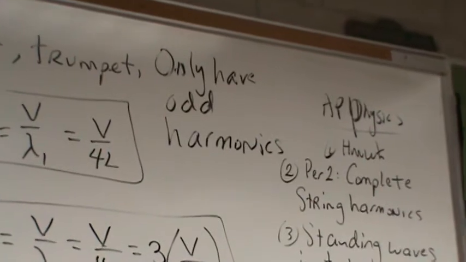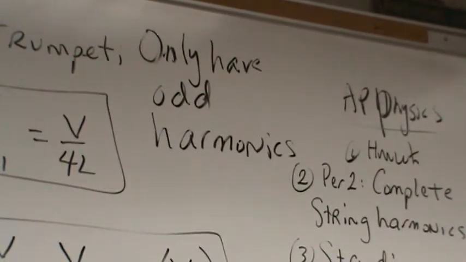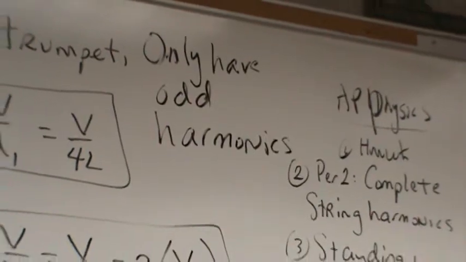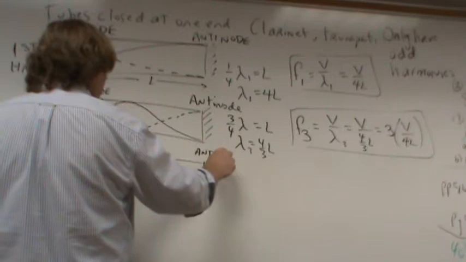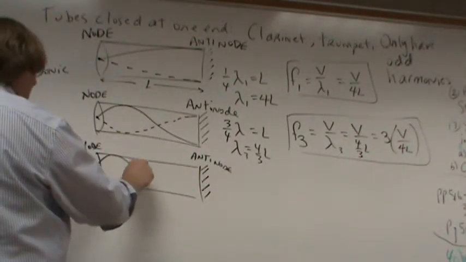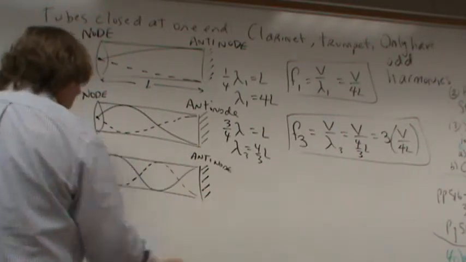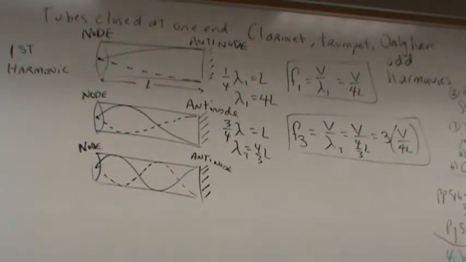Here, let's go ahead and get the next harmonic. Still got a node here. Still got an antinode there. And so now I'm going to have another node and antinode. Alrighty. What fraction of a wavelength do I have now? How much of a wavelength?